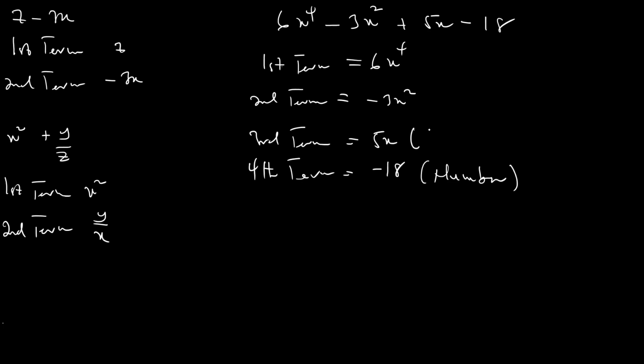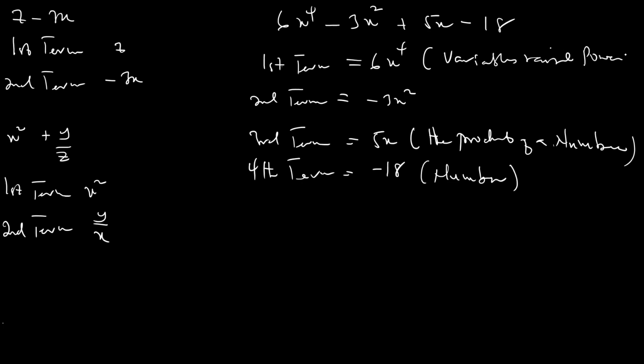So here is the product of a number and a variable. And also a term can be variables raised to powers. There are various types of terms that can be identified in an algebraic expression.